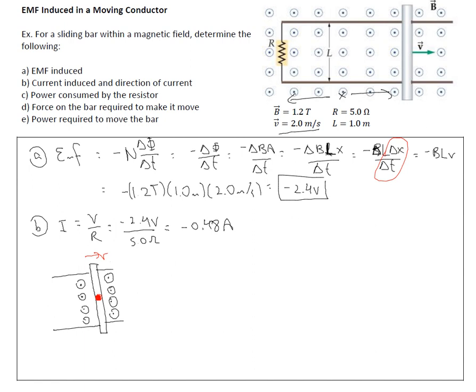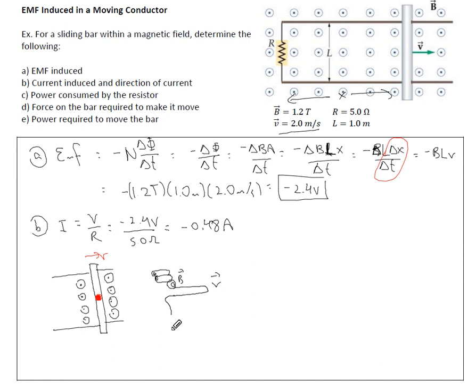Our right hand rule states that if we put our index finger in the direction of the velocity and we point our middle finger in the direction of the magnetic field, so it's going to be out of the page. We don't care about our other two fingers. Where's our thumb?